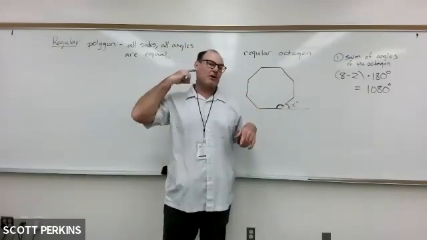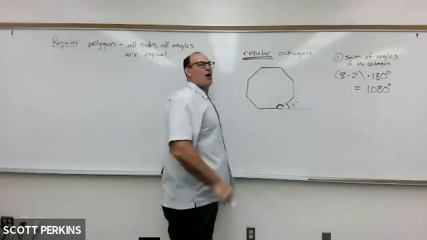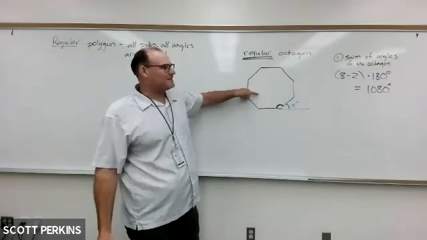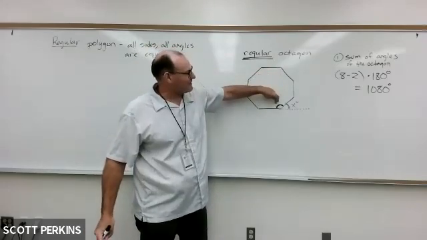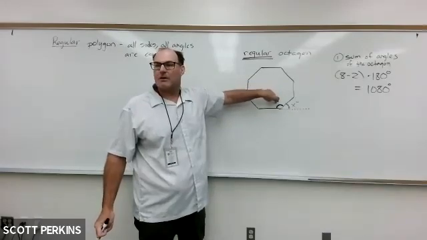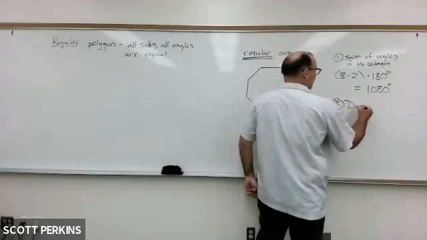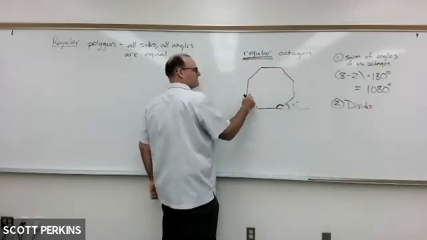Now this next part you're going to do for me, we can do because it's regular. Regular means all the angles are the same. So if I have 1080 degrees here and all the angles are the same, how can I figure out what this one is right here? Divide, yes. So in step 2 you're going to divide to figure out the one. There are 8 angles, 1, 2, 3, 4, 5, 6, 7, 8.